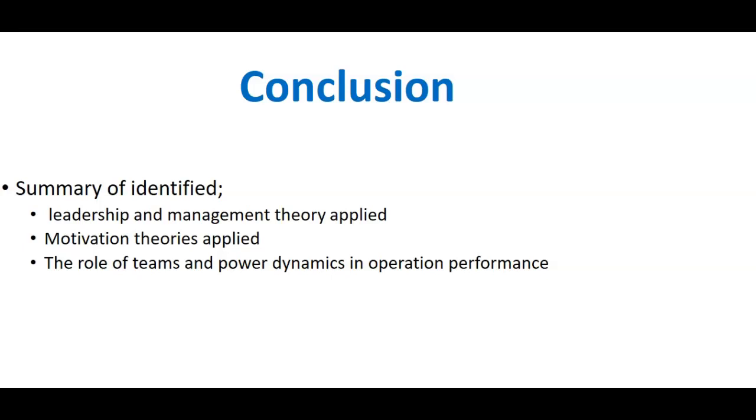In the conclusion there, again, I've put in sort of a summary of what is likely to be in your conclusion. And this is the leadership and management theory, which you have applied within the organization, the approaches to motivation, the theory and approach there, and the role of teams and power dynamics in operation and performance.